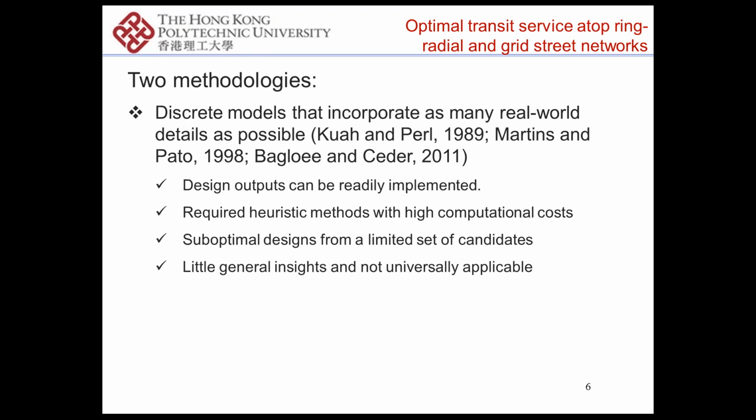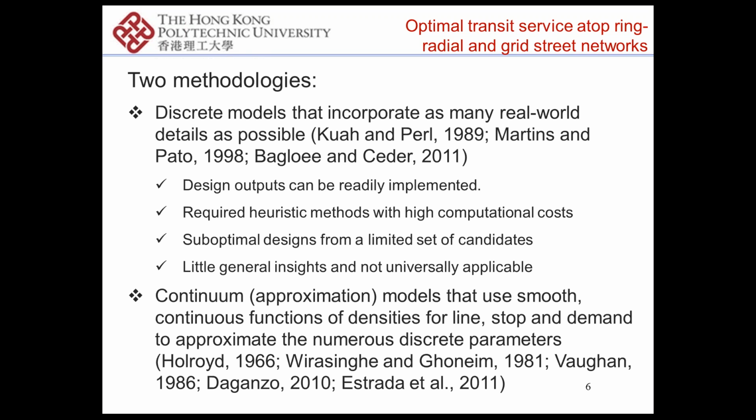So here we introduce the second class of models, the so-called continuum approximation models, which use smooth, continuous functions of densities for line, stop, and demand to approximate the numerous discrete parameters.